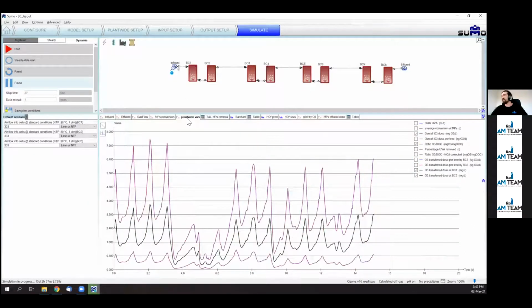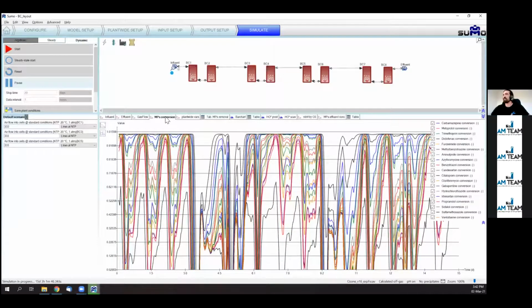And then you can check the plant-wide variables to check how much the ozone dose varies in your installation throughout time. But what you can notice here is how much the influent variability, the influent composition, the water matrix changes, even though it's the same water source, in a way affecting very much the ozone residual and the effectiveness of the ozone treatment.